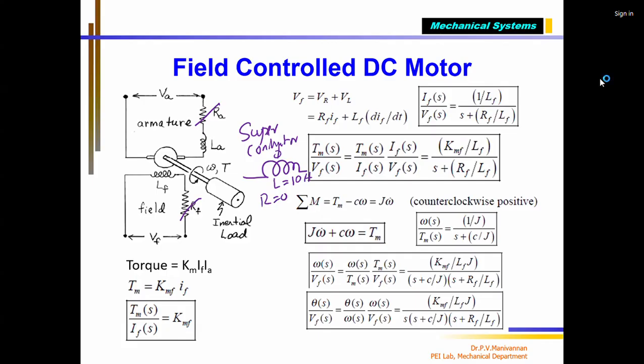So no ordinary motor, maybe a special purpose motor may be there. Still, it may have very low resistance, going to absolute 0. Correct? At 0 degrees Kelvin only, the resistance R will become 0. That is a superconductor. But for any metal, we can go close to 0 degrees Kelvin, not exactly 0.